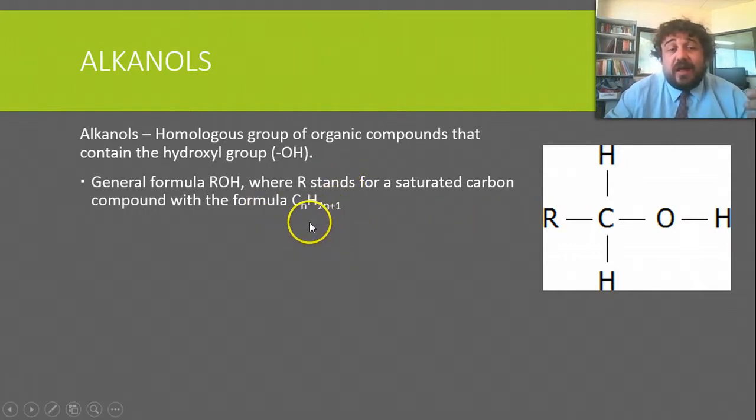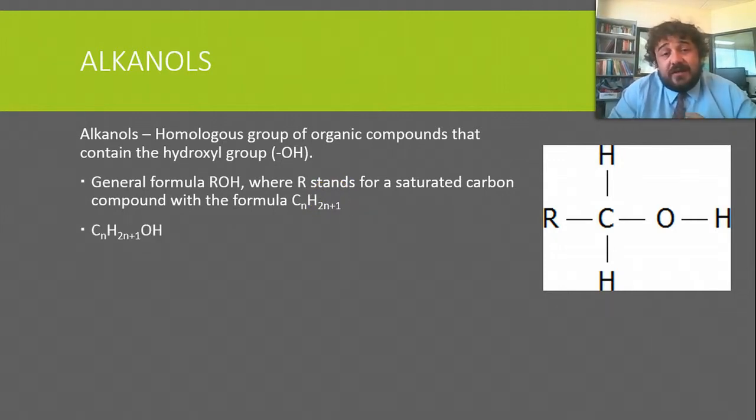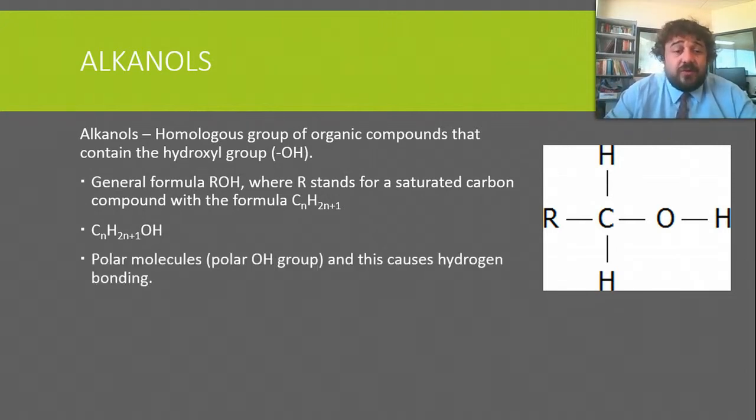There are alkenols and alkynols as well, but we're going to focus on alkanols. The general formula for the chain is CnH2n+1, so the general formula for an alkanol is CnH2n+1OH.